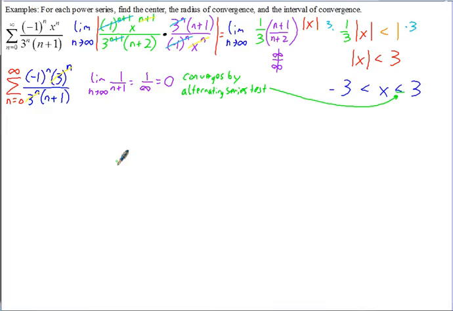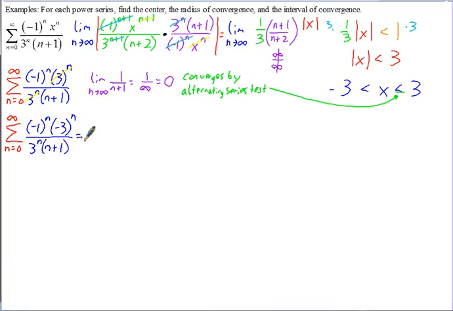Now let's take a look at negative 3. So if we substitute negative 3 for x back in the original power series here, that'd be negative 1 to the n, negative 3 to the n over 3 to the n plus 1.